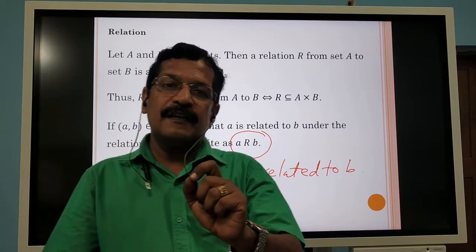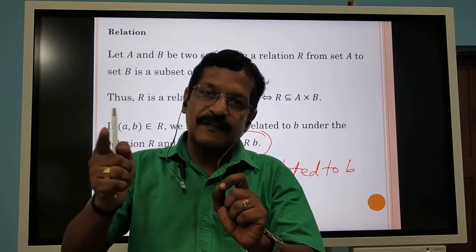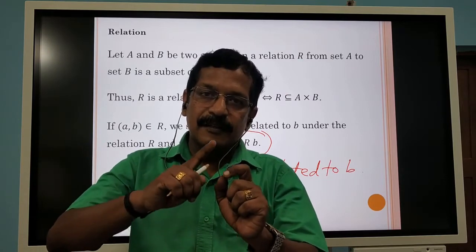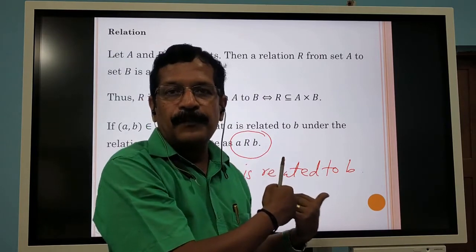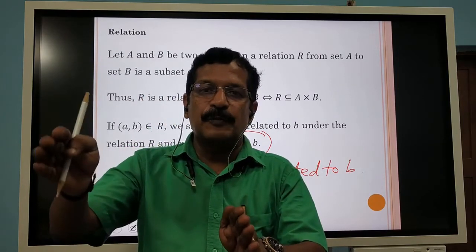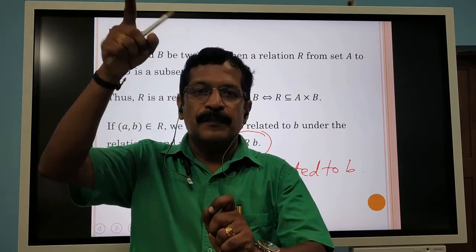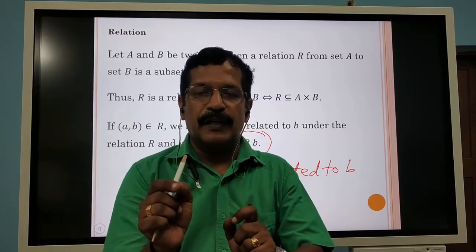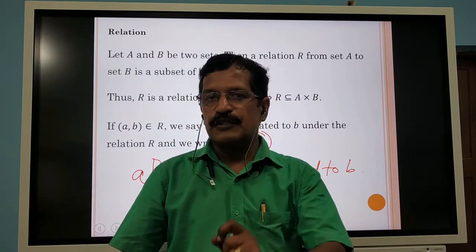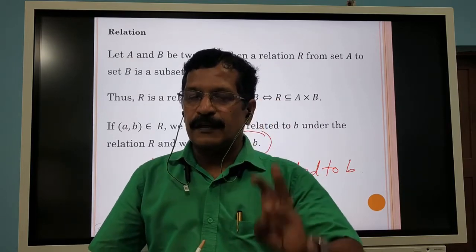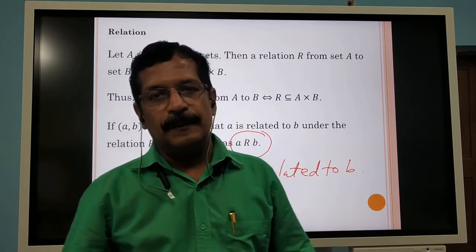If A is a set, then the set of all subsets of A is called a power set, and power set contains 2 raised to the number of elements in A. We apply this here. So the number of relations from A to B will be equal to 2 raised to the number of elements in A cross B. The number of elements in A cross B is m into n. So the number of relations from A to B is 2 raised to mn, where m is the number of elements in A and n is the number of elements in B.